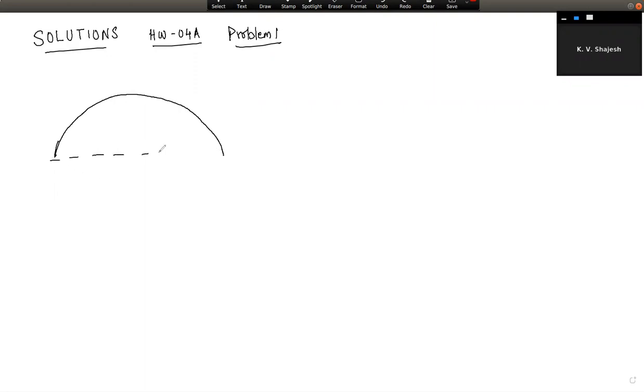That could be the ground, and the launch speed means the velocity. Oops, let me redo that. So that's your velocity vector, right? The velocity with which you launch the projectile.